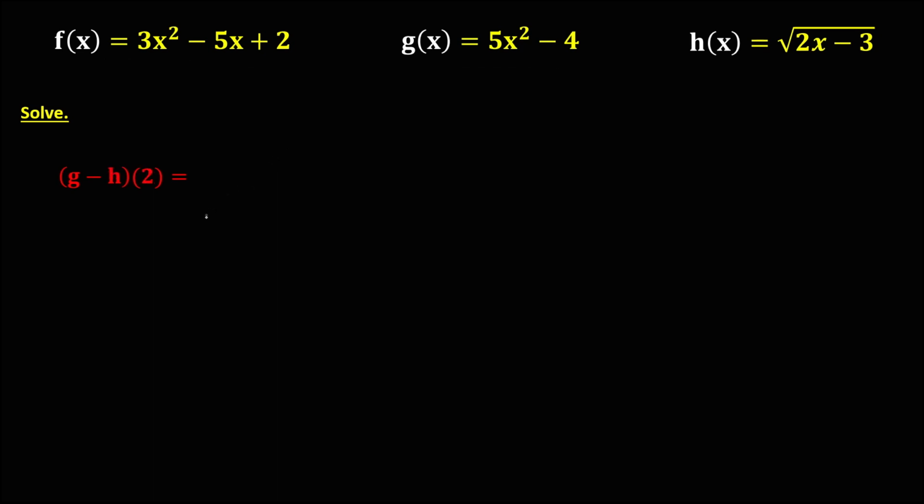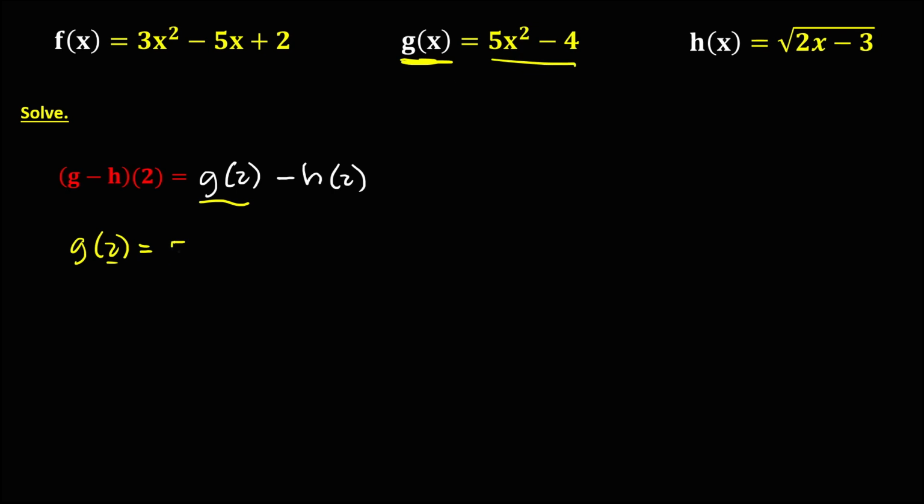Then for this function, this is equal to g of 2 minus h of 2. So first, we need to find the value for this g of 2 from g of x, but x is equal to positive 2.